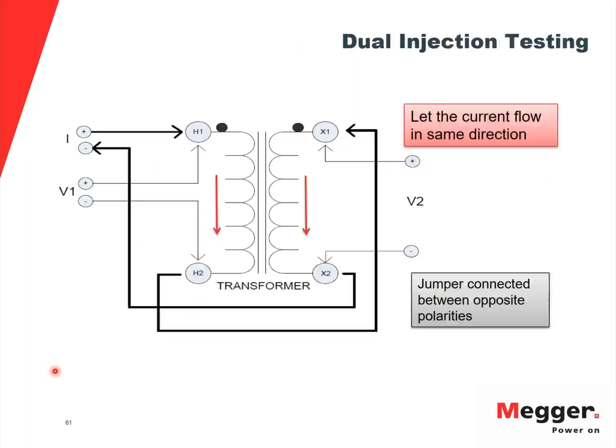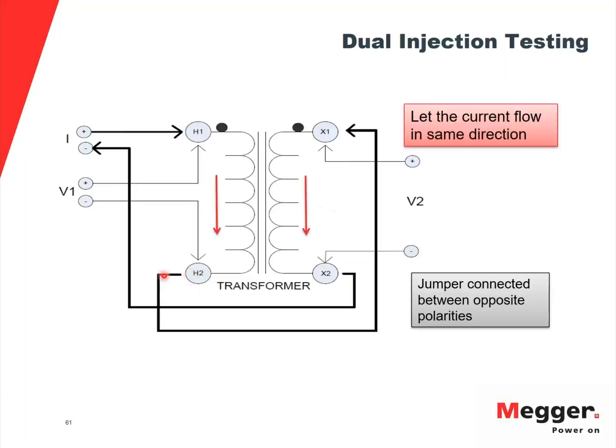Sometimes what might happen is that the low voltage winding would take a lot of time to stabilize. In those cases, what you can do is test two windings at the same time. You would connect the A phase of the primary and A phase of the secondary together in series by connecting the polarity terminal to the non-polarity terminal.